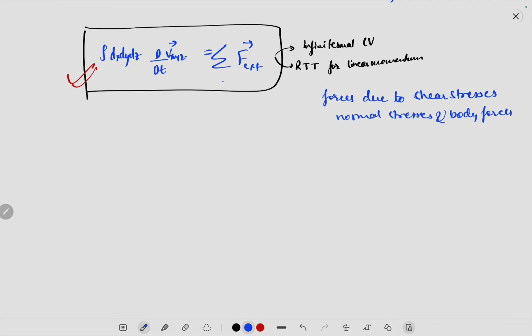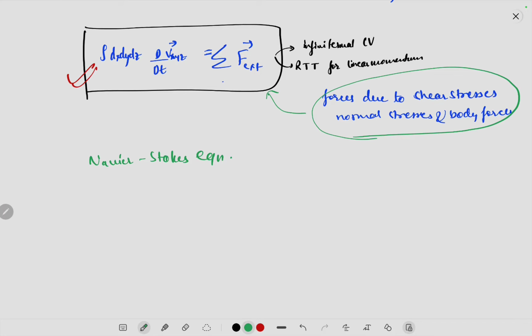To motivate you for the upcoming lectures, I told you that if you put these things inside this equation, what you will get is the most popular equation in fluid mechanics, which is the Navier-Stokes equation.